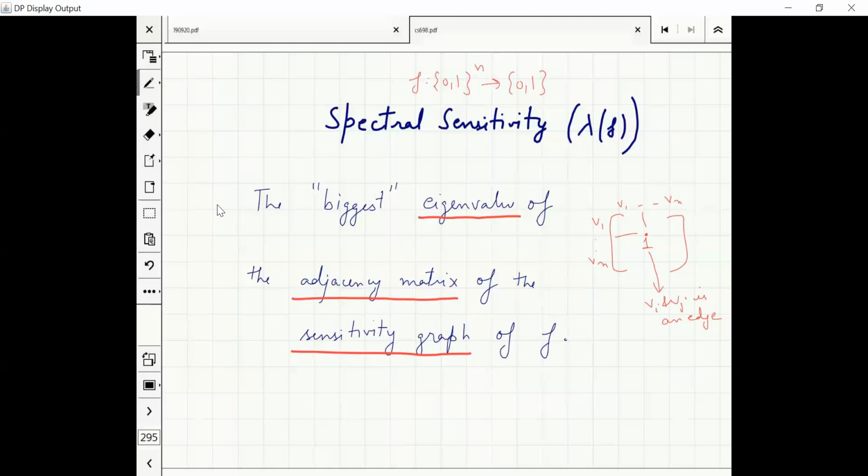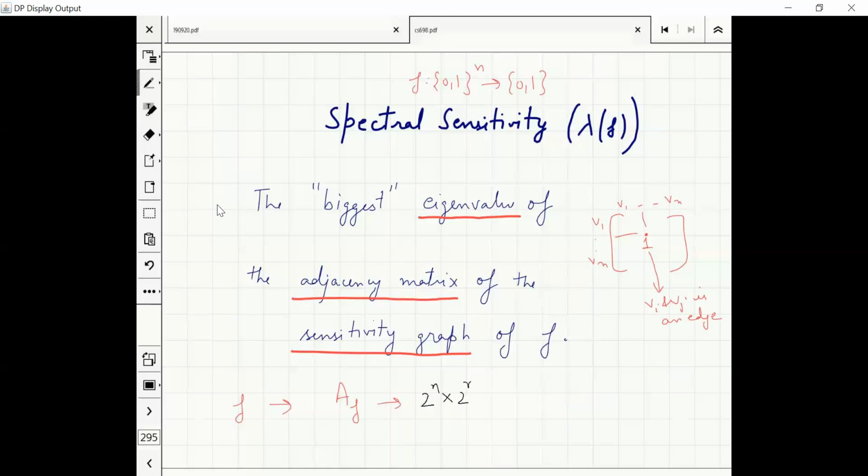Given a function f, what are the dimensions of the adjacency matrix of the sensitivity graph? What are the number of columns and the number of rows? 2 to the power n times 2 to the power n.